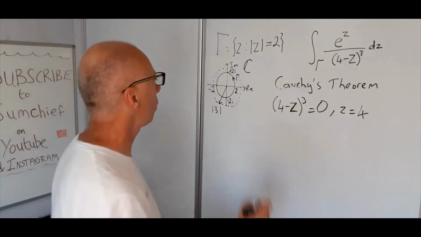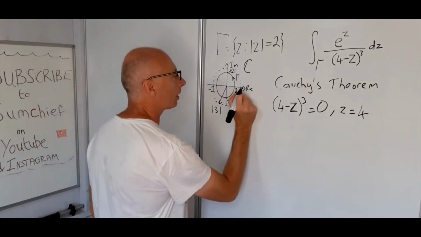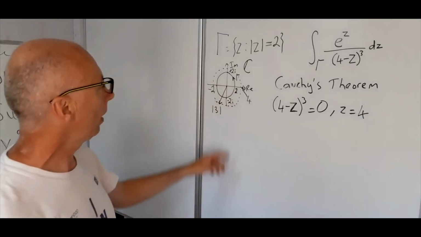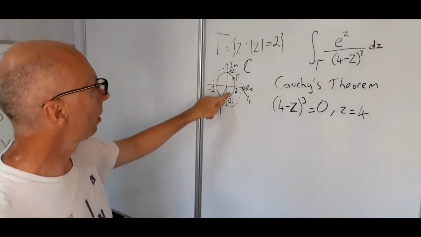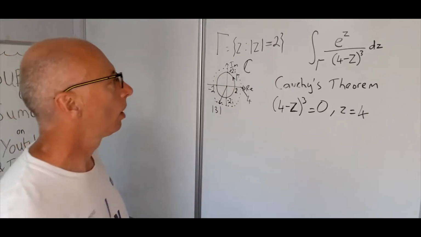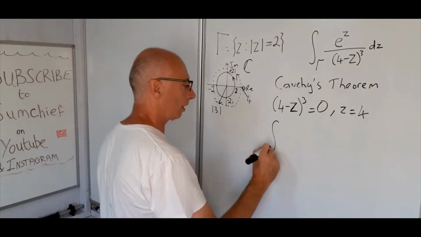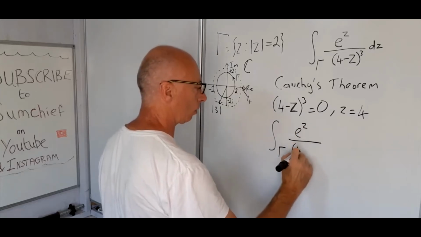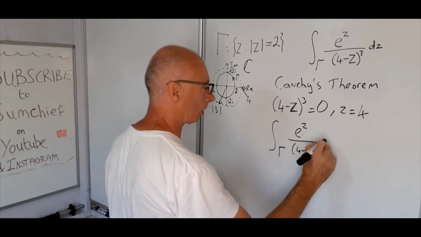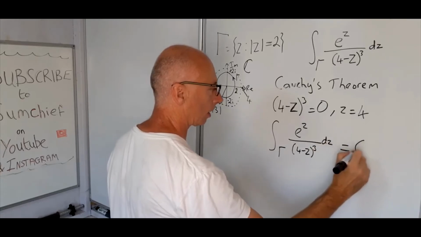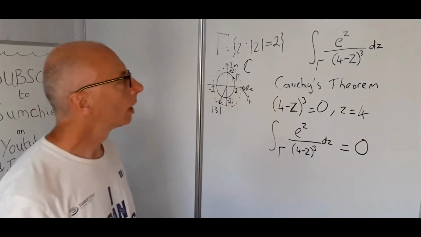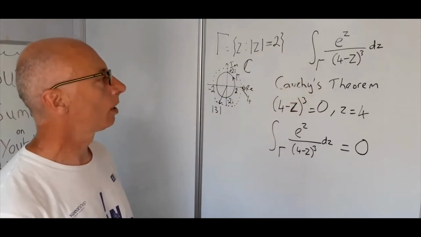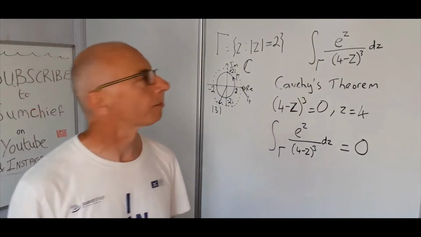So z equals 4 is going to be somewhere out here. Now, as that point 4 is not contained within gamma, we can say that the integral across gamma of e to the z over 4 minus z cubed dz equals 0. And that's a very easy way of integrating that function across the contour gamma without actually doing any integration.